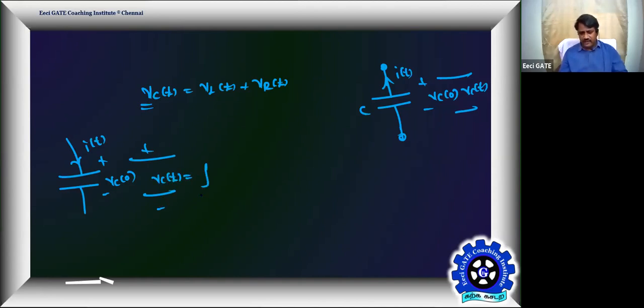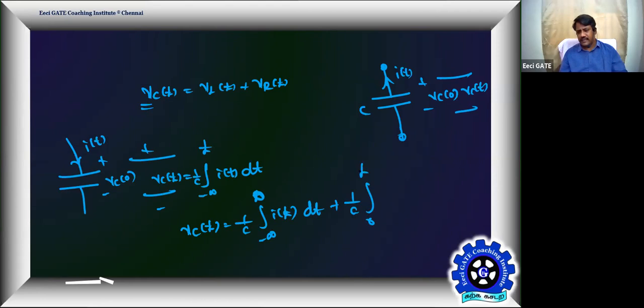VC of t is 1 by C integral minus infinity to t of I of t dt. Then I will write this as VC of t equal to 1 by C integral minus infinity to 0 of I dt plus 1 by C integral 0 to t of I of t dt.